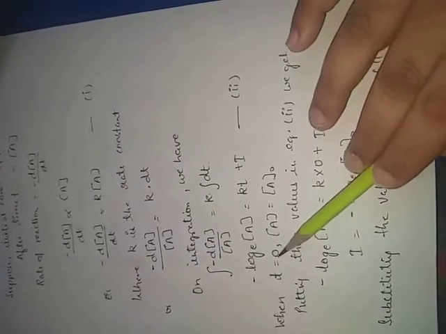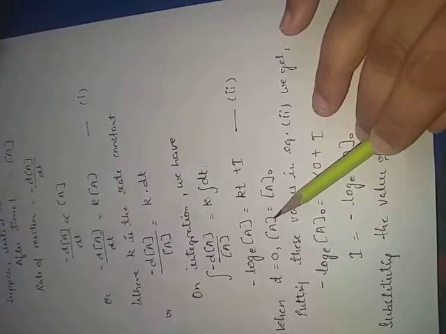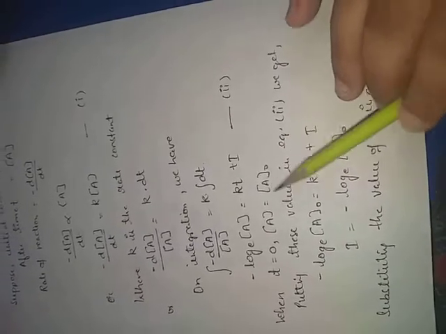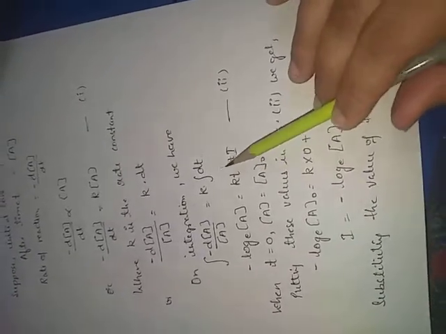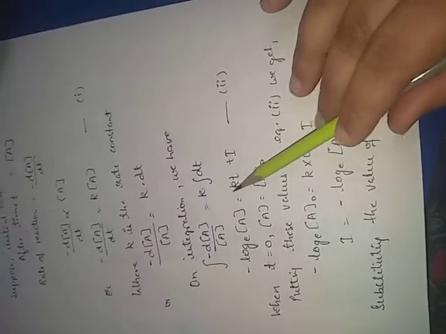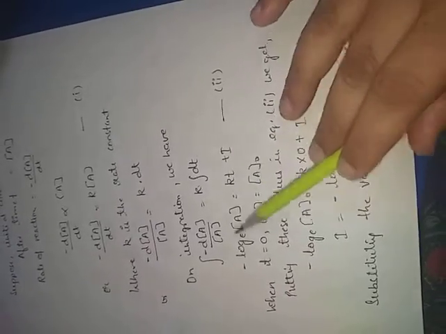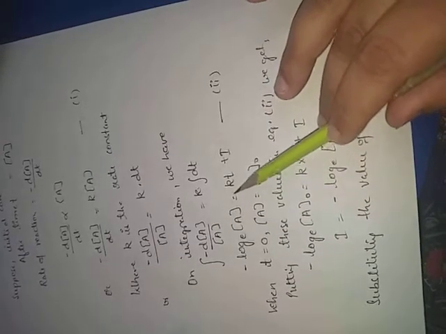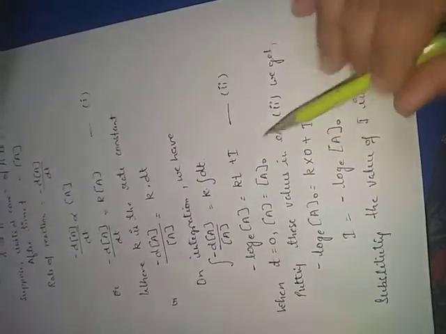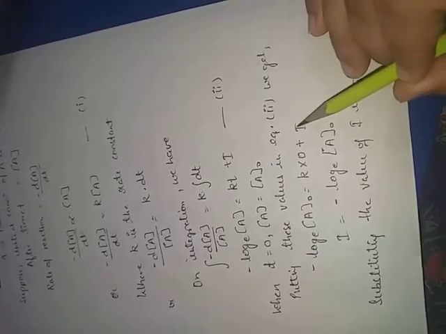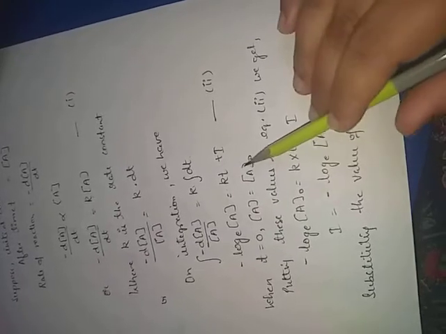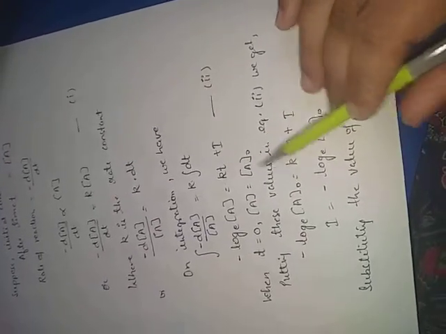Again, the same thing: when t is equal to 0, at that time the molar concentration of A will become equal to A naught. We put these values in this equation, and the Kt term becomes 0 because t is equal to 0. Minus log base e of A is equal to this I, and I becomes equal to minus log base e A naught, because here A is equal to A naught.